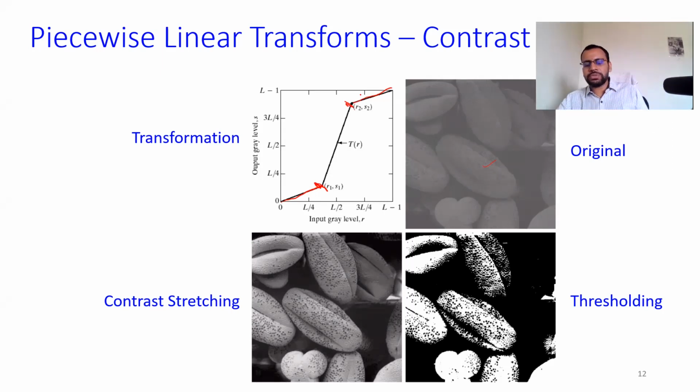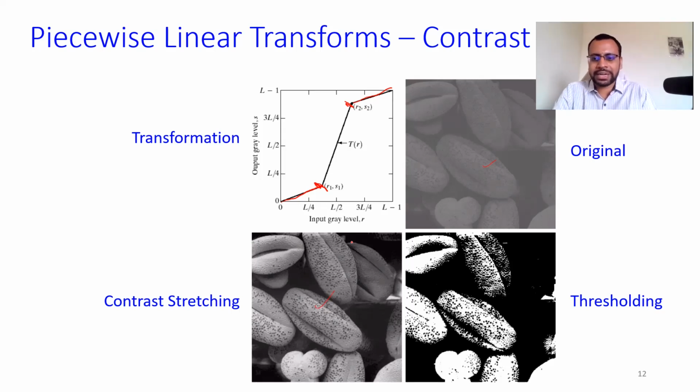If you are using any of these tools, they will help you do this, where you could fix a number of control points, and in between control points you can play with the slope of this transformation. And that could eventually give you this type of image.